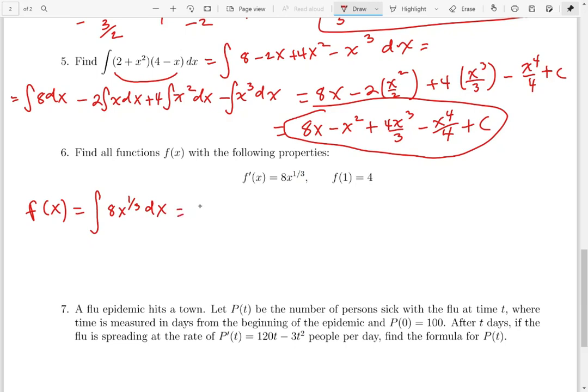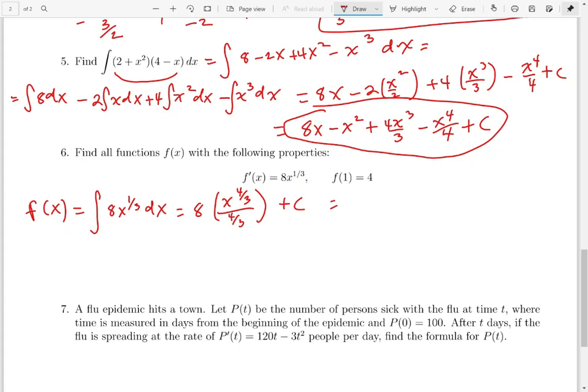That's then going to be 8 times x to the 1/3 plus 1, that's 4/3, divided by 1/3 plus 1, that's 4/3, plus some constant c. At this point, I think I'm going to simplify it just a little bit.